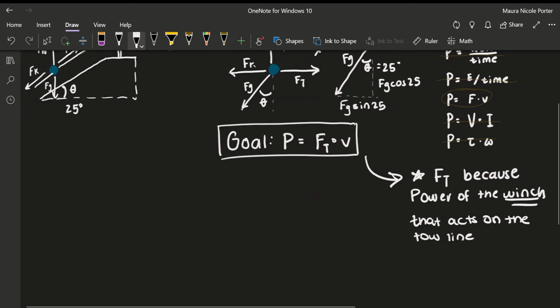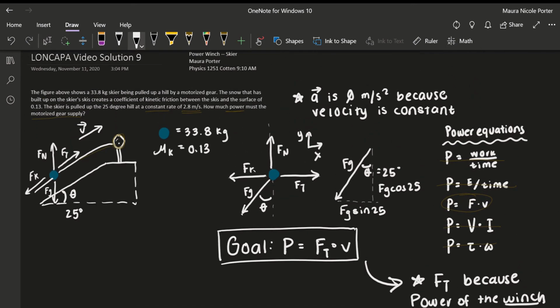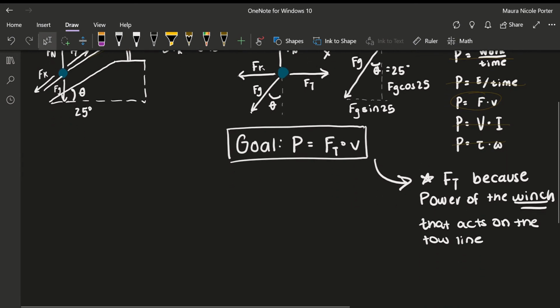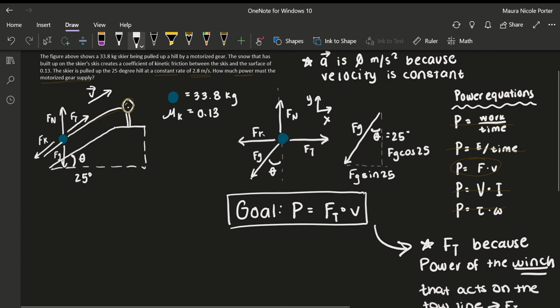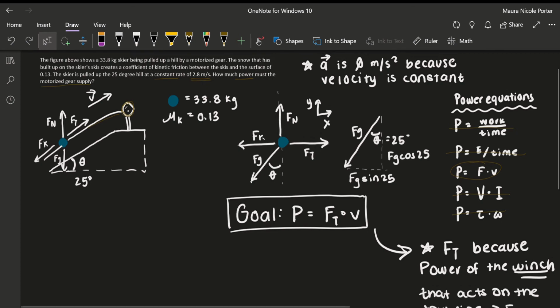The only force acting on the tow line is going to be our force of tension. So that's kind of why I wrote that in our equation. Okay, so let's now start solving this for real. So I'm going to make a chart of values just to keep things straight. So E of 0 is the person being pulled up.